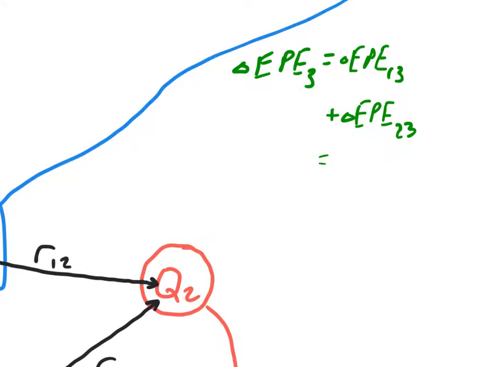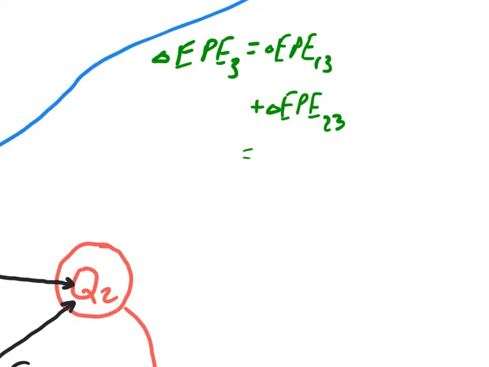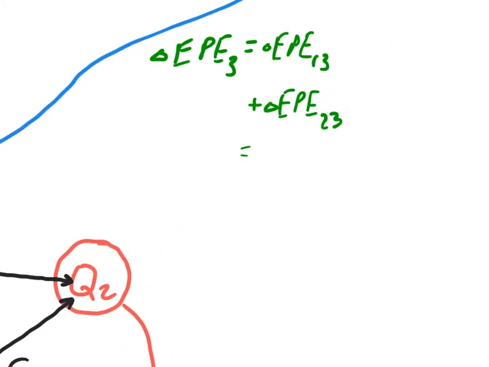Like we had earlier, the initial energy was 0, so I can just focus on the final. So it'll be K Q1 Q3 divided by R13 plus K Q2 Q3 over R23.